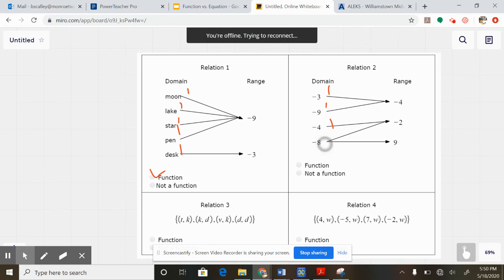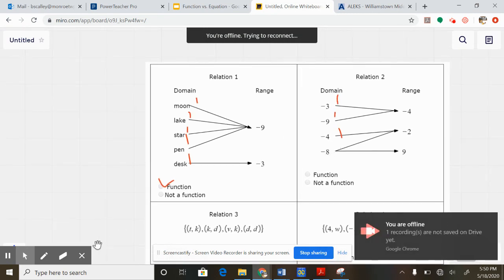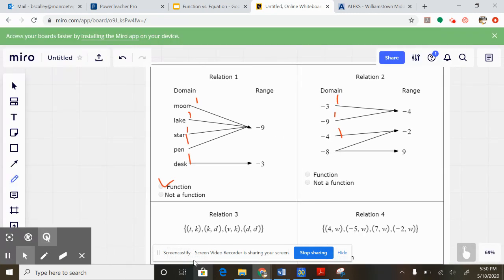So for this -8, I have two different output options. So that's going to make it not a function because this one input has multiple outputs. Not a function.